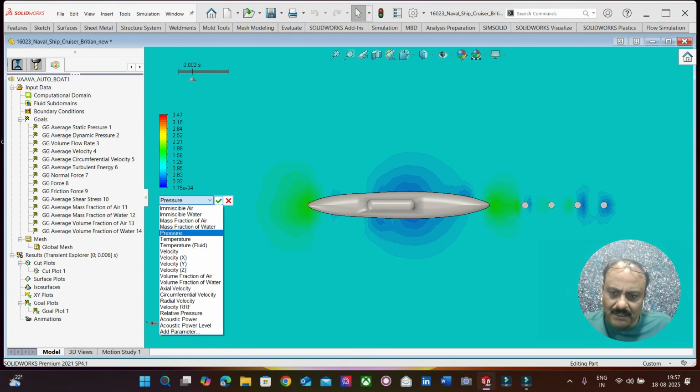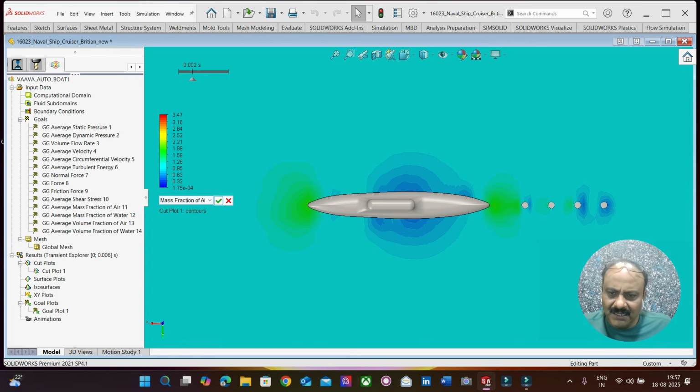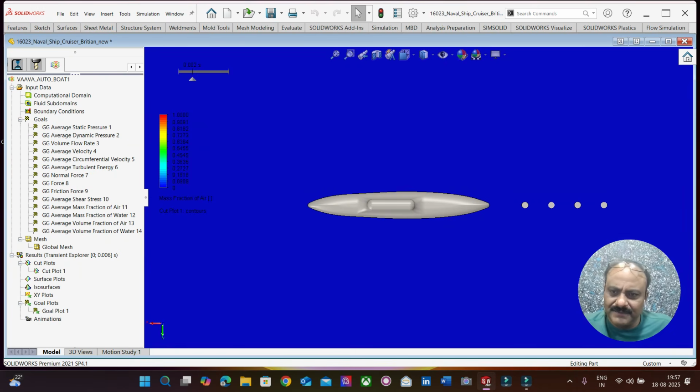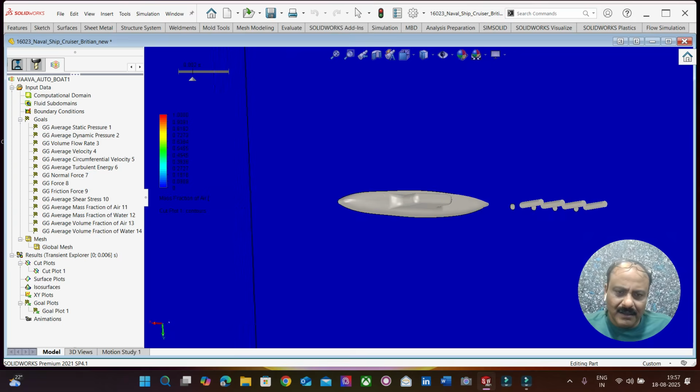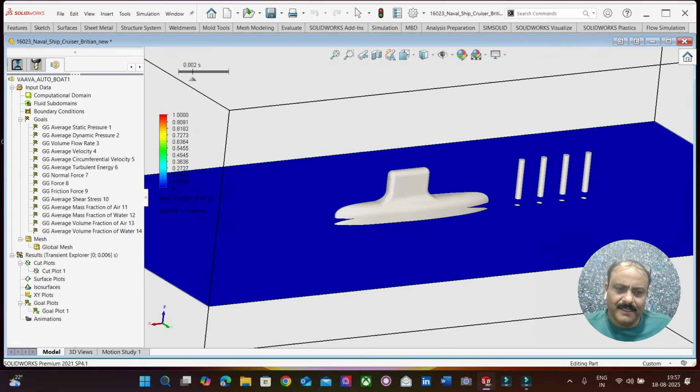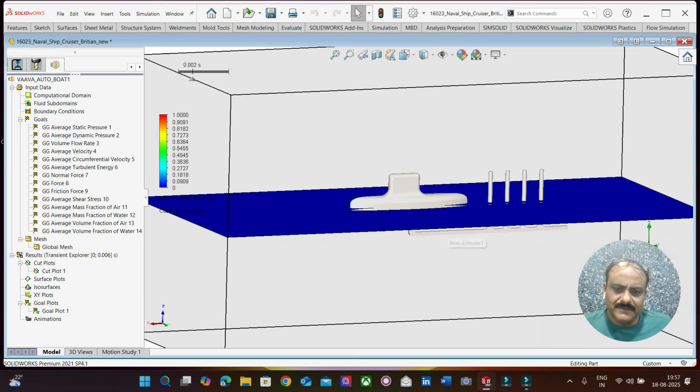Now let us see what is going to be the mass fraction of air. Again, it is going to be varying between 0 and 1.